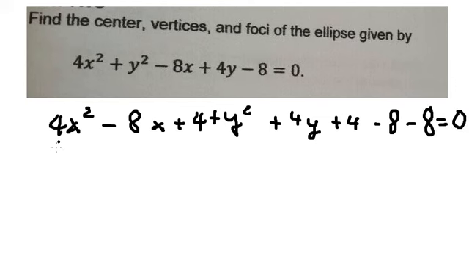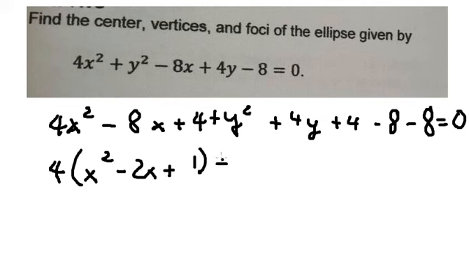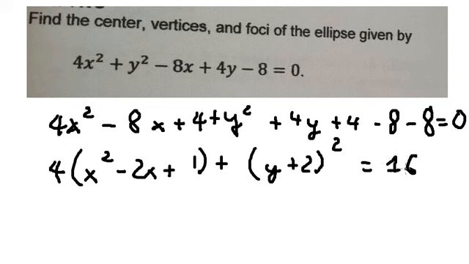So this one we have 4 times (x squared minus 2x plus 1). This one we get (y plus 2) to the power of 2. Negative number 8 times 2 gives negative number 16, so you put number 16 in here. Later we divide both sides by number 16.